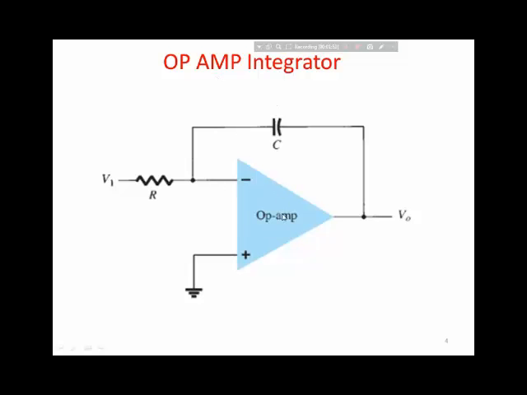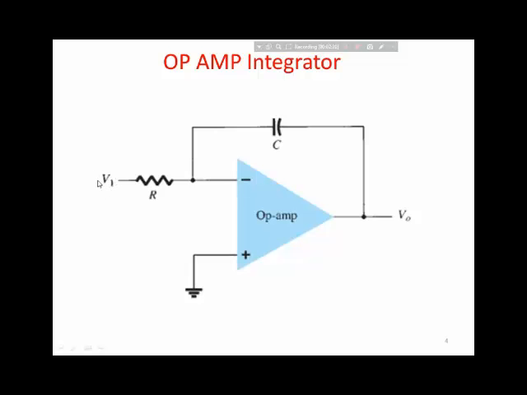This operational amplifier is connected in this form with a capacitor introduced in the negative feedback, and an input is applied through a resistor to the inverting terminal, and the output of the op-amp will be the integral of the input applied.